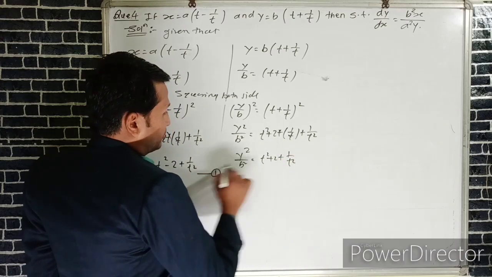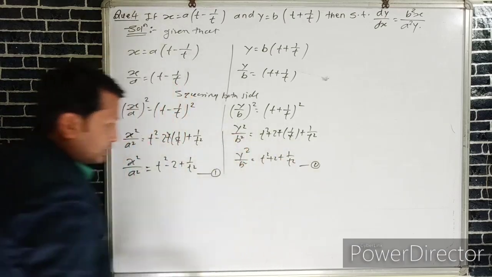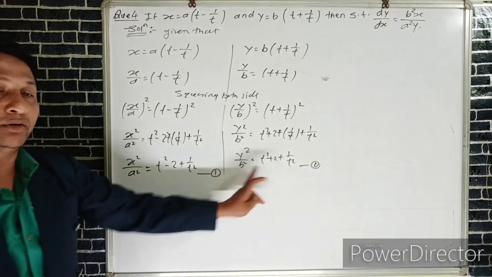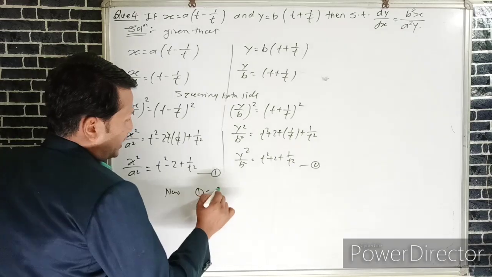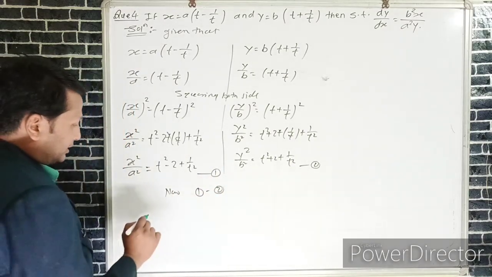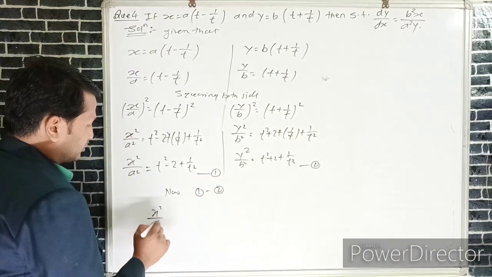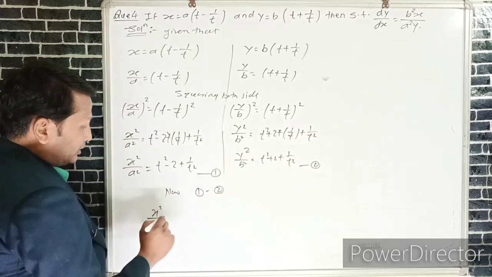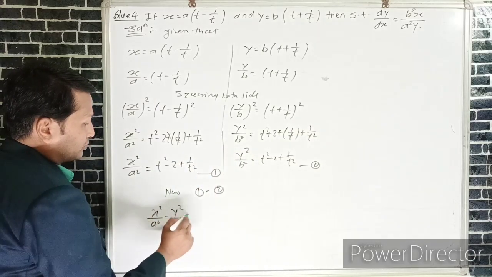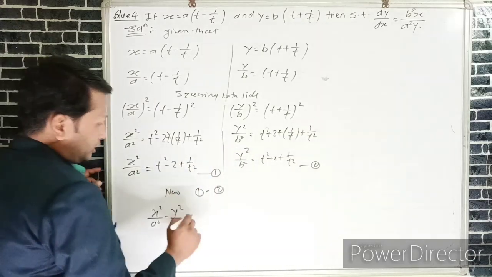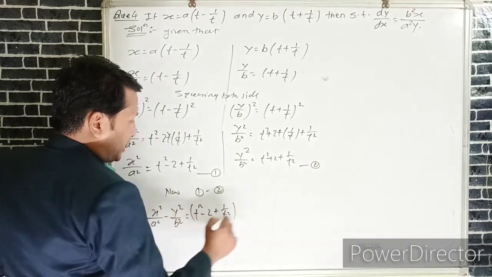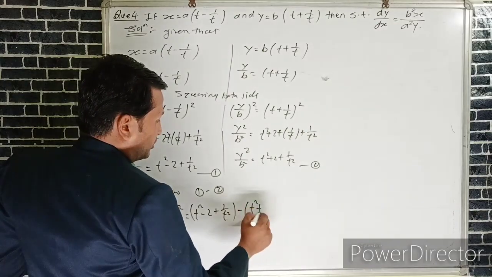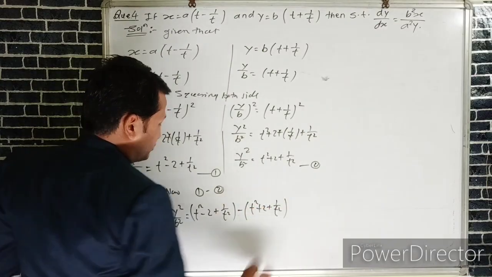It is equation number 1, it is equation number 2. If we subtract equation 2 from equation 1, now 1 minus 2, we can write x square upon a square minus y square upon b square equals t square minus 2 plus 1 upon t square minus t square plus 2 plus 1 upon t square.